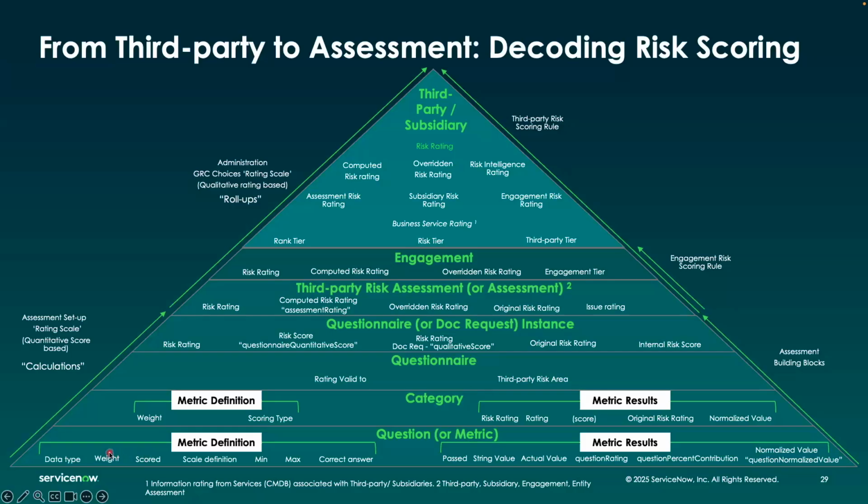Weight is a numerical value that represents metric importance relative to other metrics. Scale definition: a value of low means small numerical values indicate a positive result. High means large numerical values indicate a positive result. Note that the scale definition is only applicable to metrics that have the scored flag not checked.